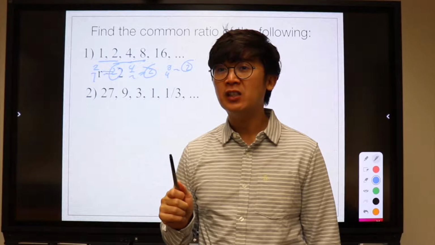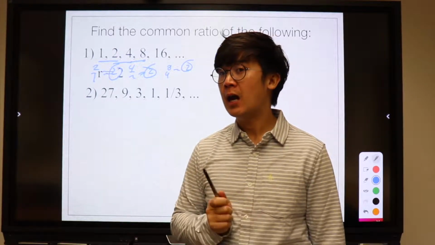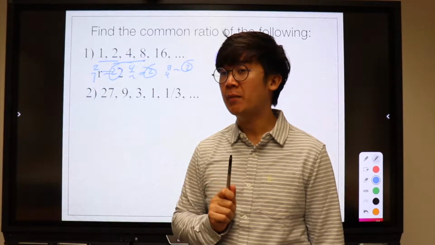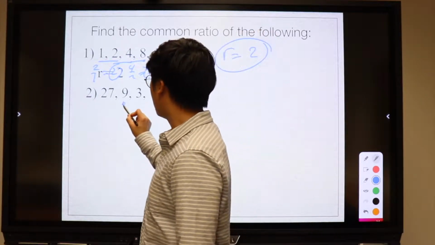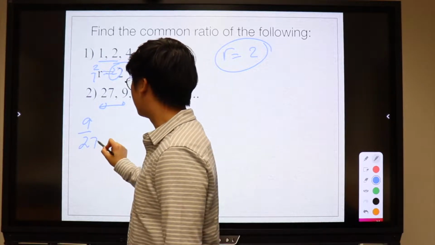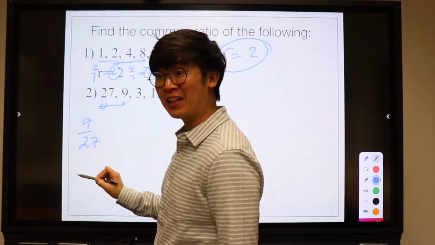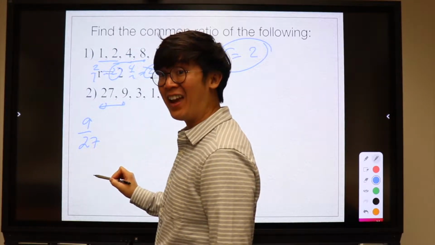Is the sequence shrinking or increasing? It is shrinking. Now, we need to verify if it's a geometric sequence. We need to divide 9 and 27. What's 9 over 27? Is it 3? Is it negative 3? Isn't that a fraction?